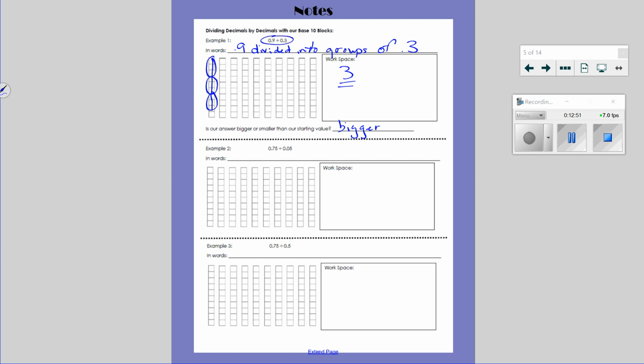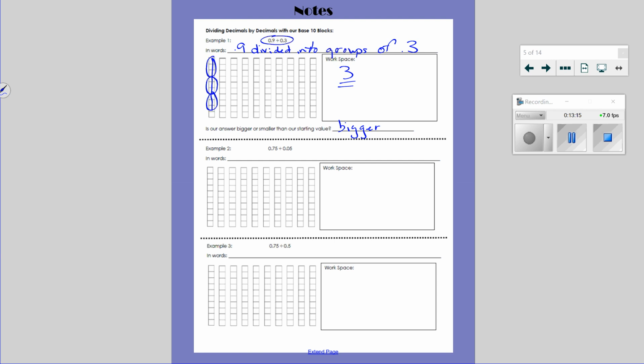Problem with dividing by decimals is our answers don't necessarily make sense because of the way the numbers look. To say 9/10 divided by 3/10 and get a number like 3 that's so much bigger than either of them, it's kind of mind-blowing. Don't worry about it. Just get confident that what we're teaching you is mathematically accurate, and we'll show you how we're going to get these answers.